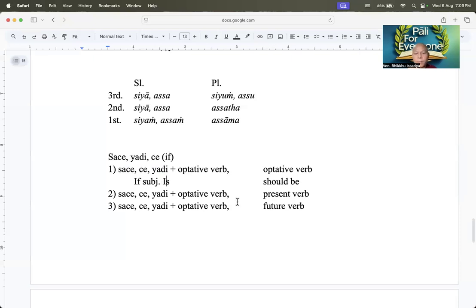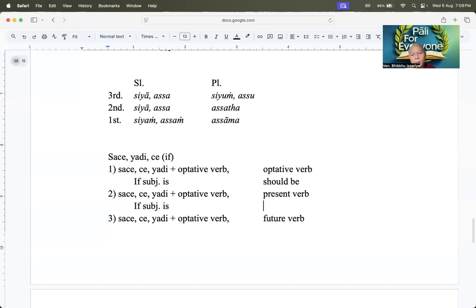So even though here is an optative verb, we don't need to use "should be", just "if". But for the second line, "if", subject, and "is", and then the present verb also is just "is".